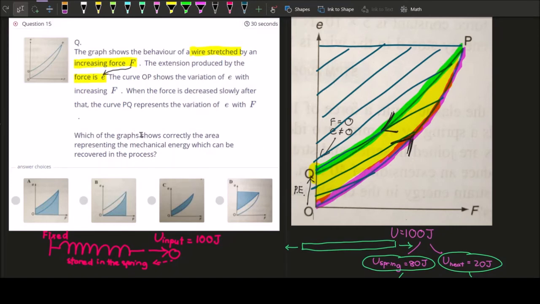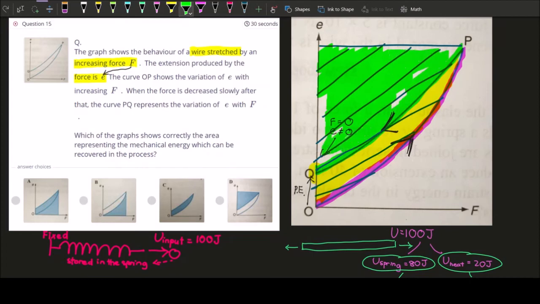The graph shows the correct area representing the mechanical energy which can be recovered to do useful work. This heat here is not recoverable, it's lost to the surroundings. So the area that we are looking for is this area over here. That's too much to color, but you get the idea.